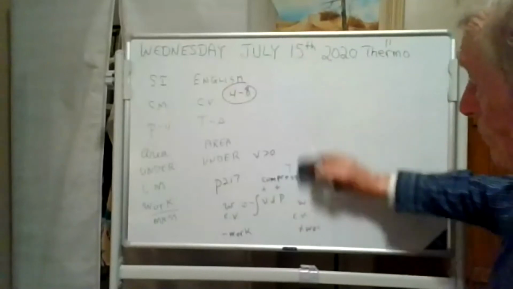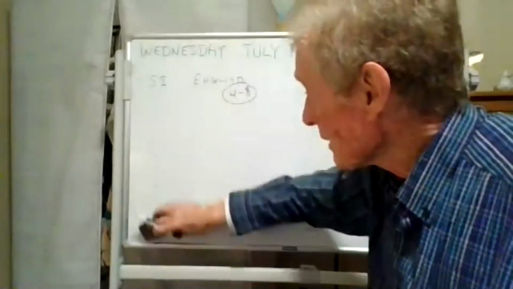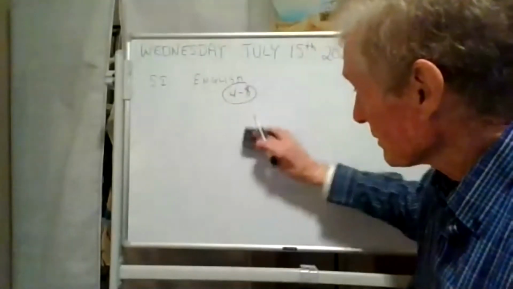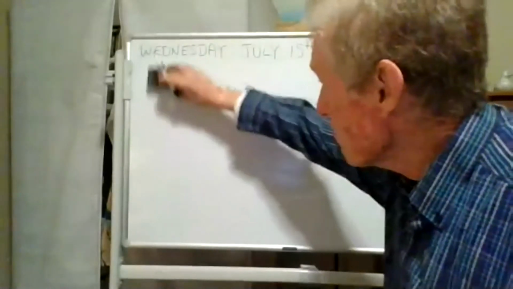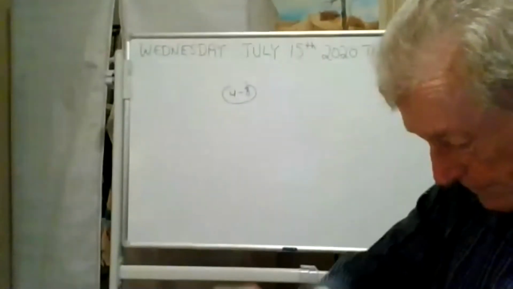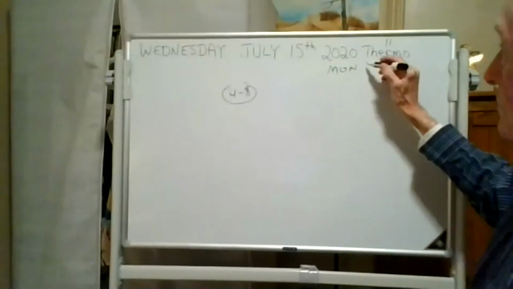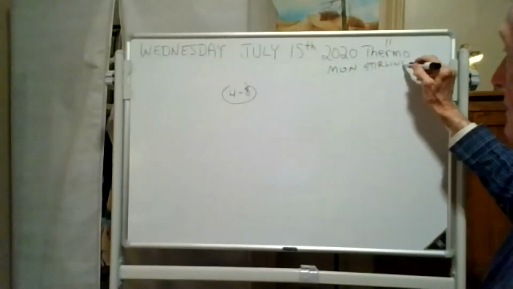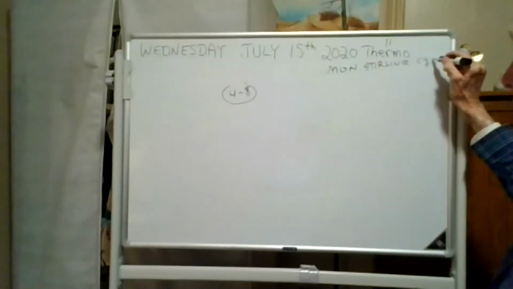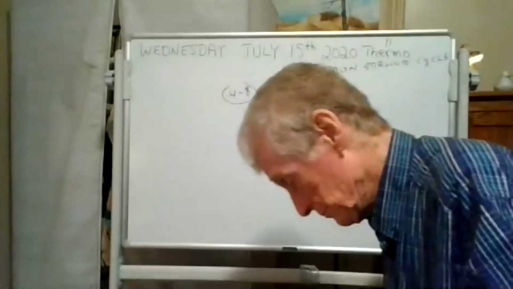You can read ahead if you want. And we'll have fun working a Stirling cycle on Monday. Make a note of that. Monday, we will do the Stirling cycle. But right now, we're looking at 4.83.